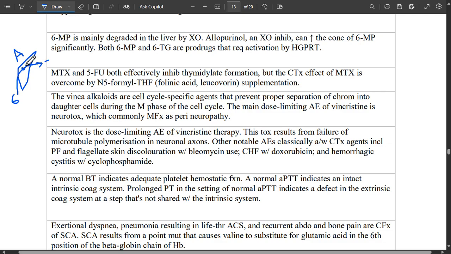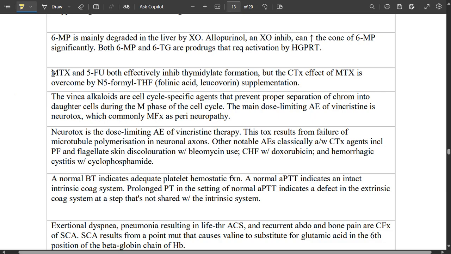If xanthine oxidase is inhibited by allopurinol, then 6-mercaptopurine's concentration in the blood rises. 6-mercaptopurine and 6-TG are products that require activation by HGPRT. So HGPRT needs to act on 6-mercaptopurine and 6-TG, and only then can their function occur. This is what this point means.